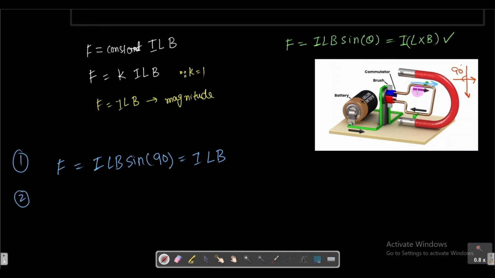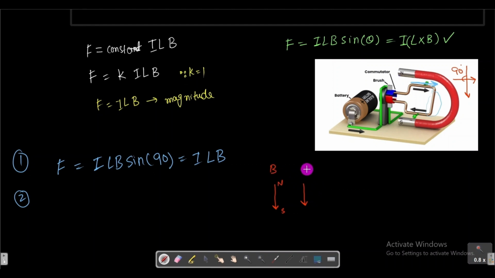And for the second case, for this part of the conductor, the external magnetic field is in this direction, from north to south here, and the length of the conductor is also in this direction.